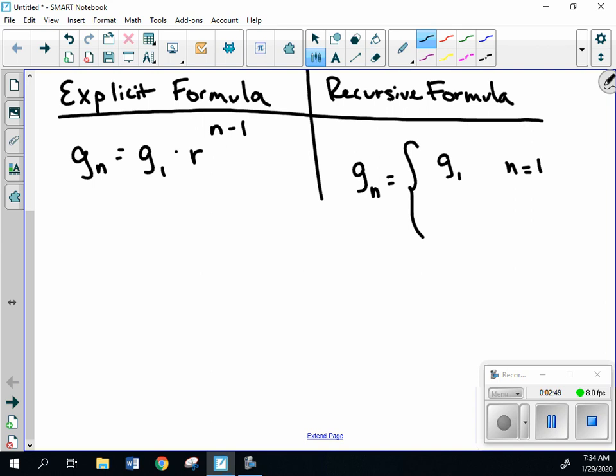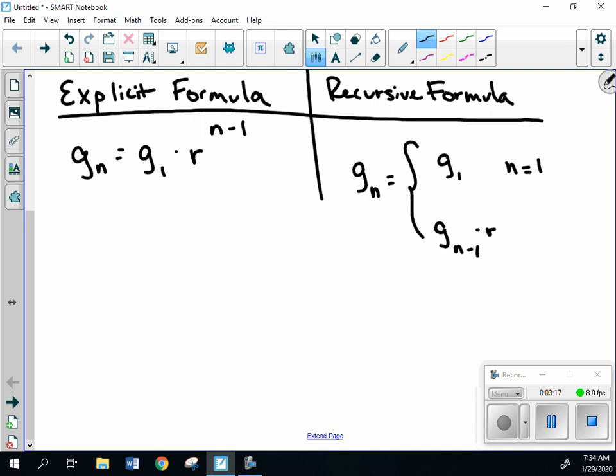Then after that, it's our previous term, which remember is denoted with n minus 1, times r. So that's the difference between our explicit formula and our recursive formula. One, you're just taking the previous term and multiplying it by a certain number each time. The other one, you could substitute in whatever term you need.